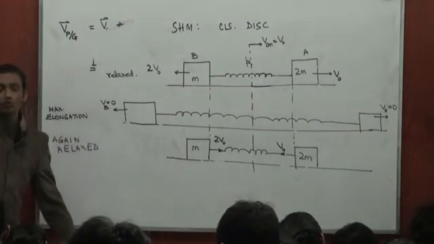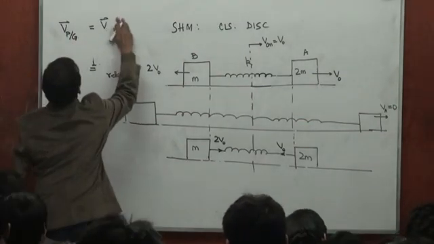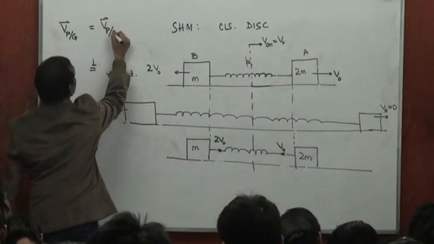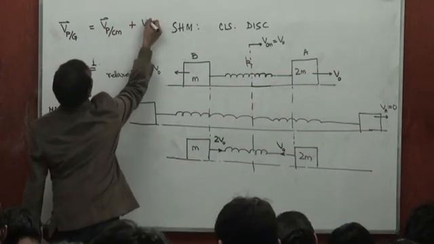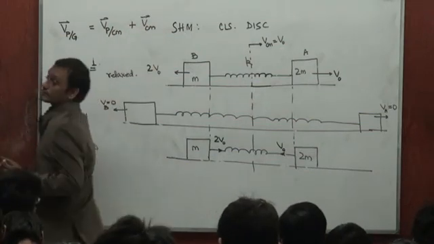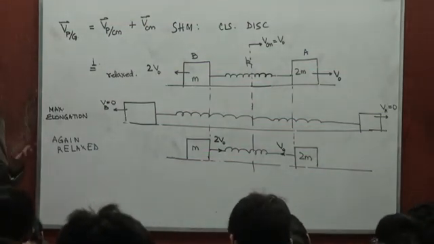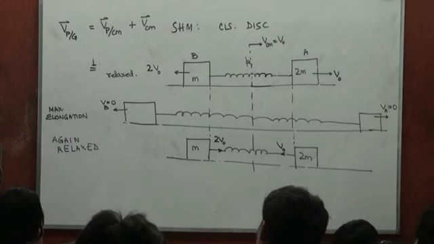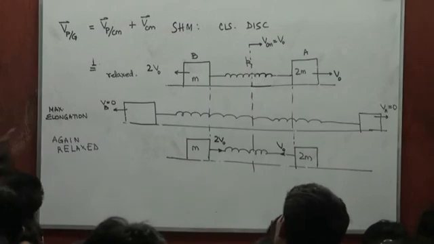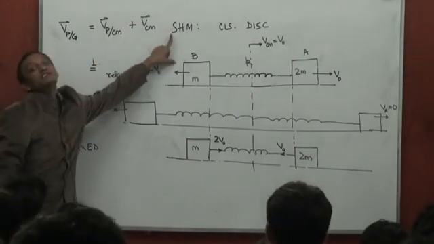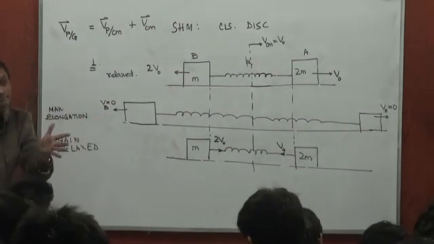Velocity of P in the ground frame, I would say, is velocity of P in the center of mass frame plus the velocity of the center of mass. Velocity of any particle, that is the absolute velocity, that is velocity in the ground frame, is going to be the vector sum of the velocity in the center of mass frame plus the velocity of the center of mass itself.